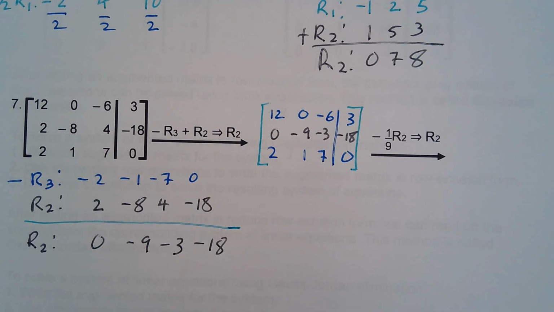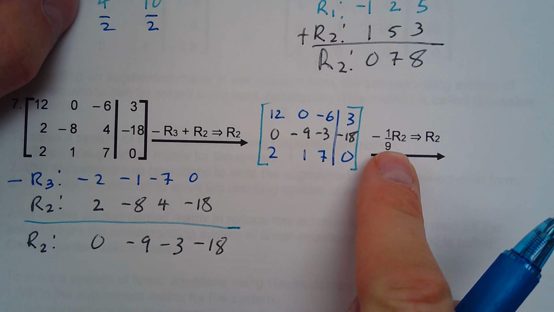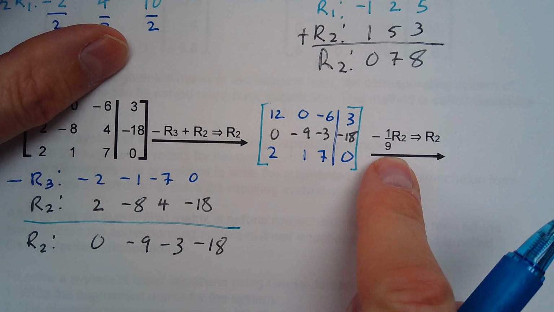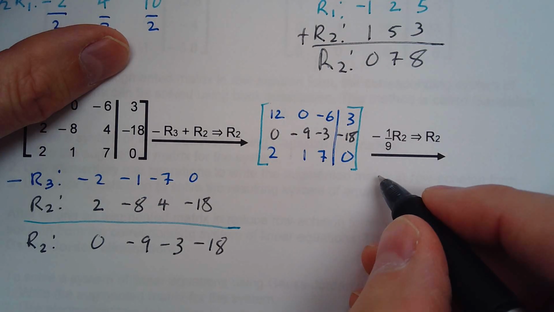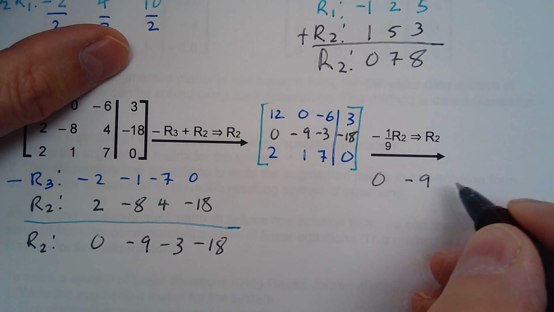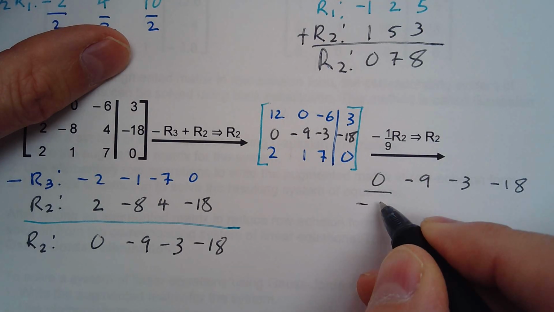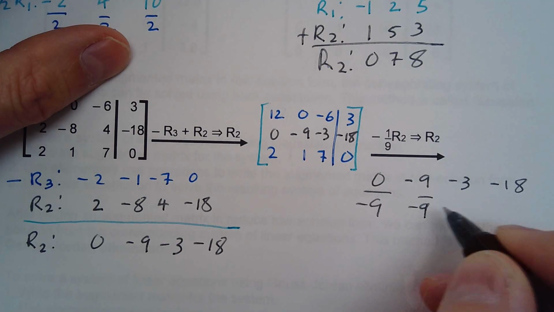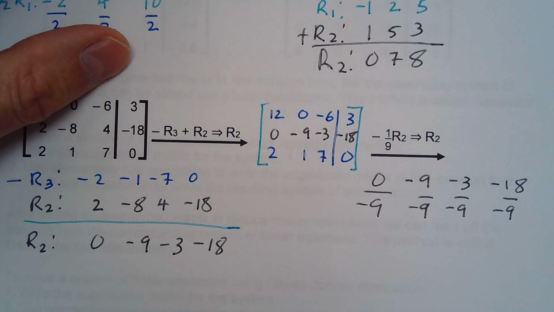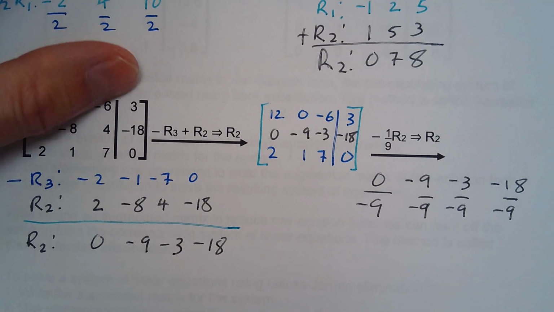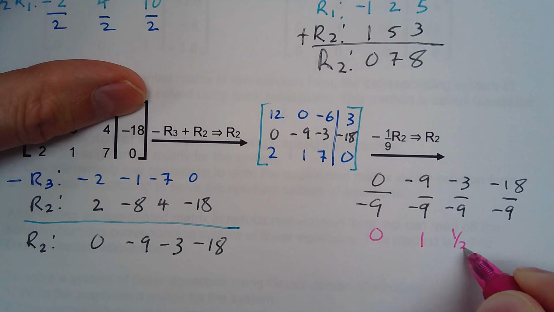So now I want to take each number in row number 2 and multiply by -1/9. So I'm just going to be dividing it by -9. And that's going to give us 0, 1, that reduces to 1/3, 2.